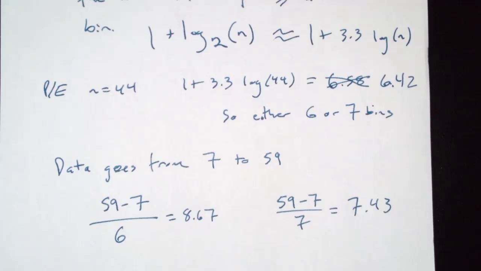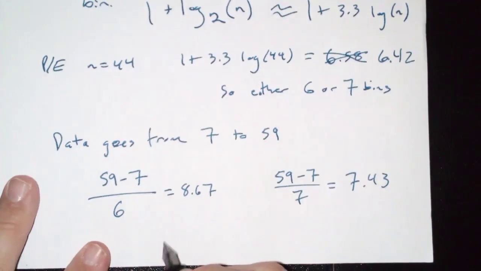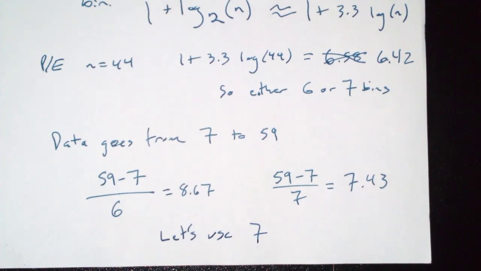Let's take a look at what this data looks like. Do you want to use 9 or 8 or 7? Which number do you want to use for our width? Which one speaks to you? Okay, if I use 7, then each bin needs to hold 7 numbers, right?